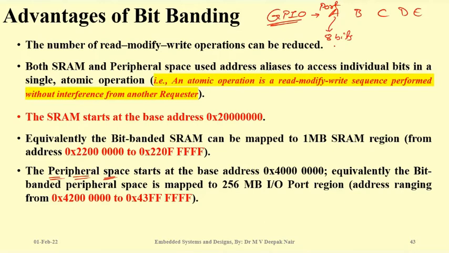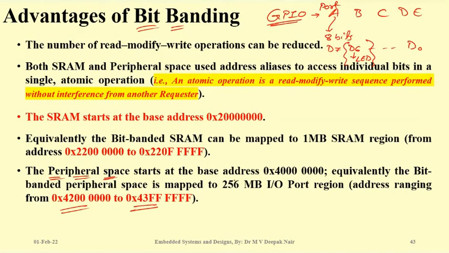For example, D7, D6, and so on up to D0 of port A. If you want to connect an LED here and make the D6 LED on without disturbing any other bits of port A, you can use bit banding's property, because you can directly go to an alias region and change the bit D6.